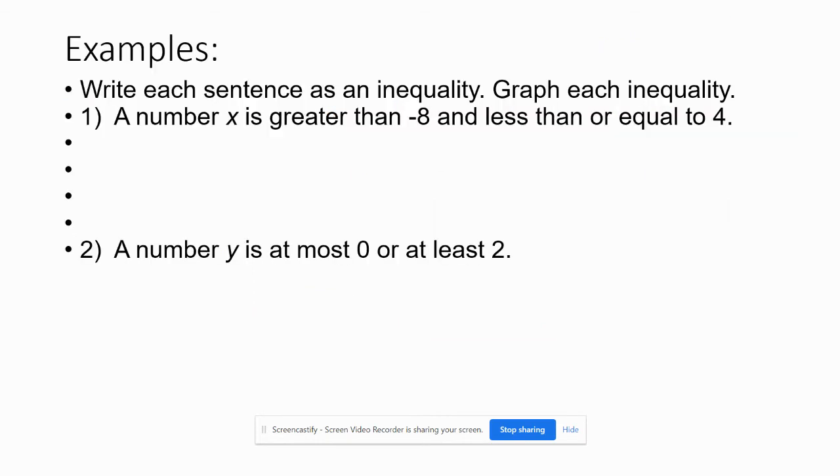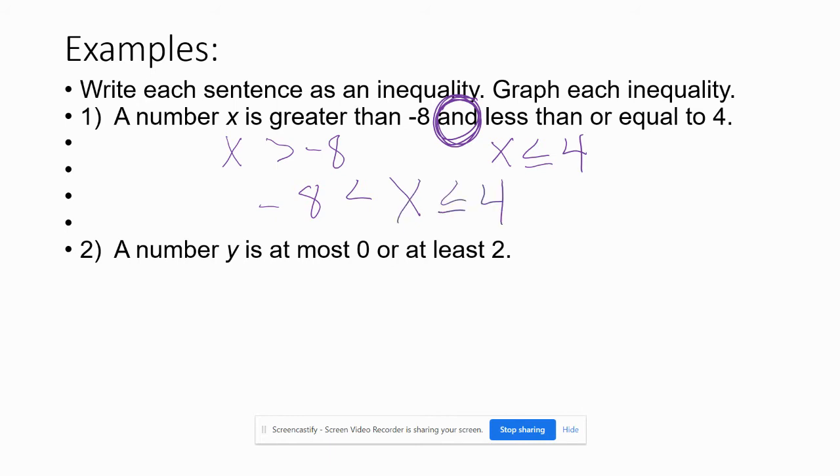Let's try a couple. A number x, so I'm going to write down x, is greater than -8. And there's our keyword, and x is less than or equal to 4. So if I'm going to put those two together, we have -8, x and 4.